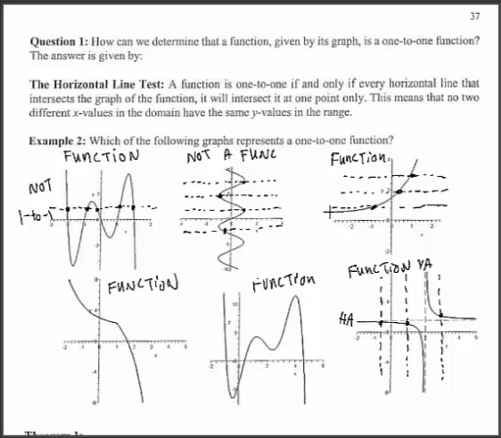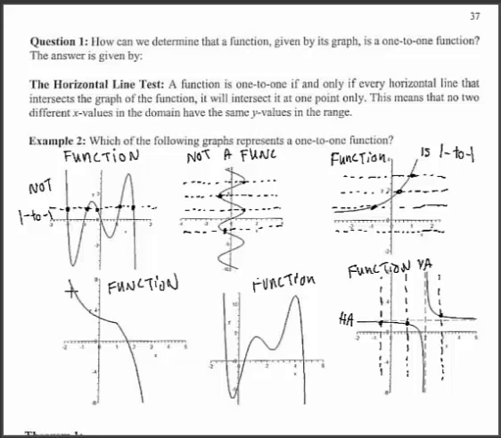And around here you may draw a horizontal line and it looks like it strikes this area twice, but it will not in actuality. And of course this area of the y-axis is not in the range, and so we don't hit the curve at all. So this one is one to one.